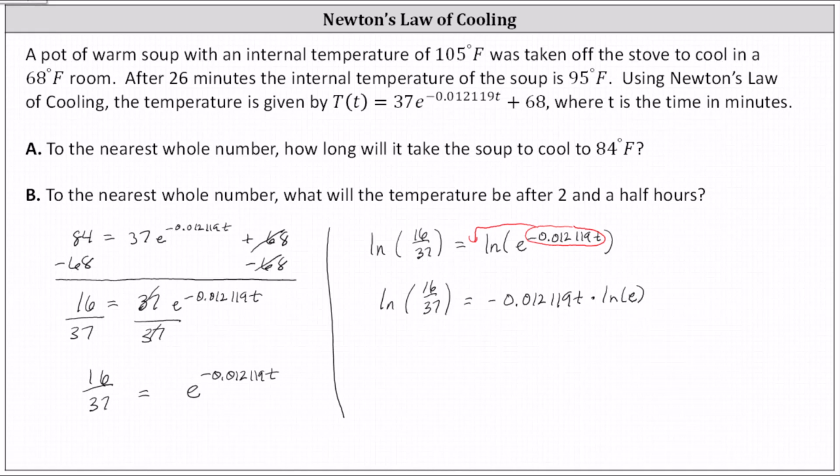And natural log e equals 1, and therefore to solve for t we divide both sides by -0.012119.